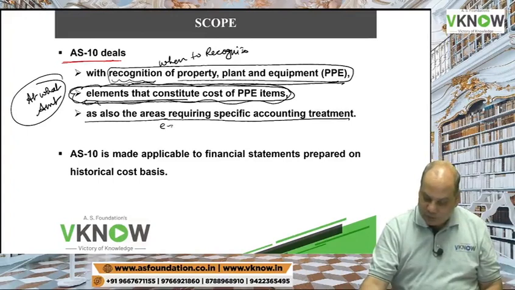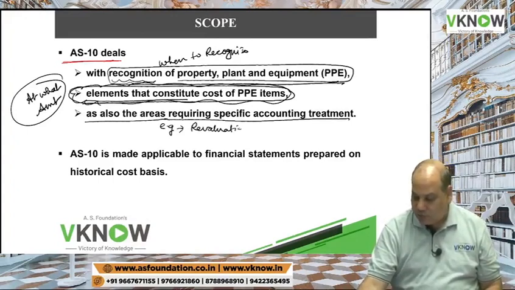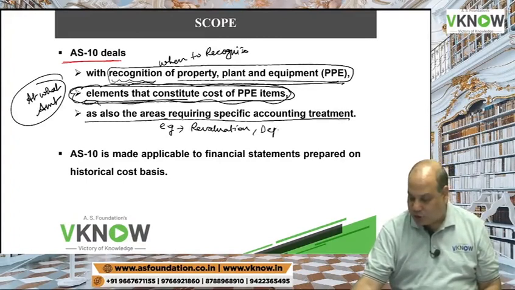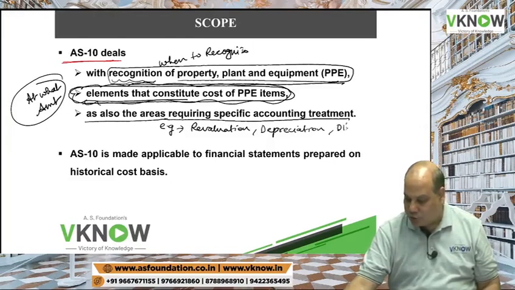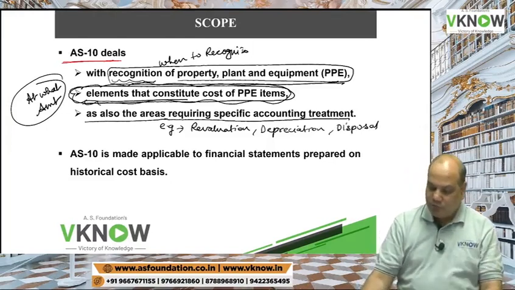For example, we are going to deal with revaluation also. We are going to deal with depreciation in this chapter only. We are going to deal with disposal of PPE in this chapter only.